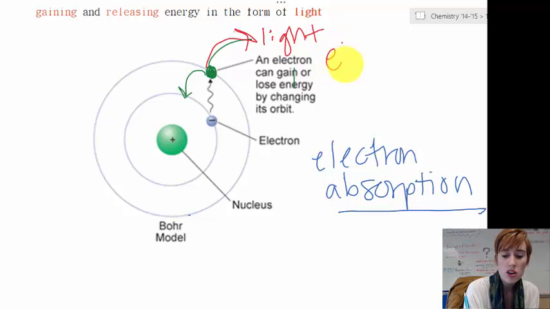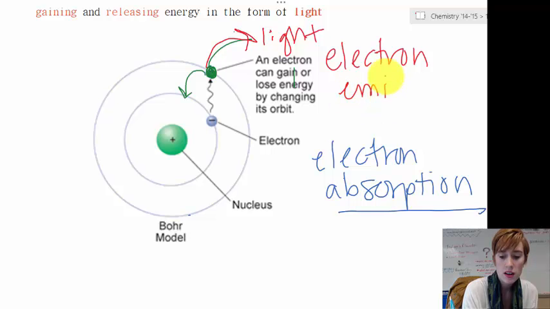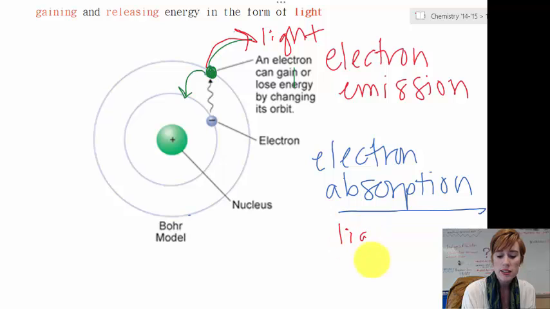This process is called electron emission. So let me recap. Absorption is when light goes into an electron and it jumps up to a new energy level.